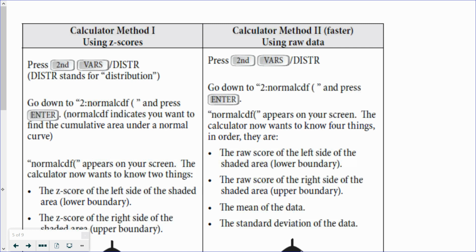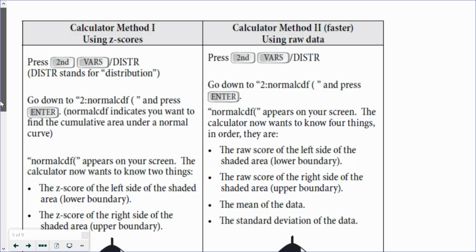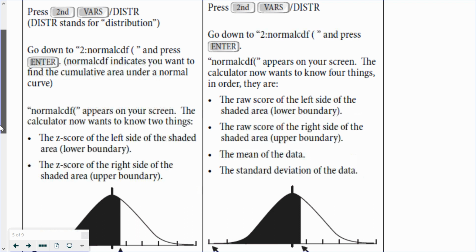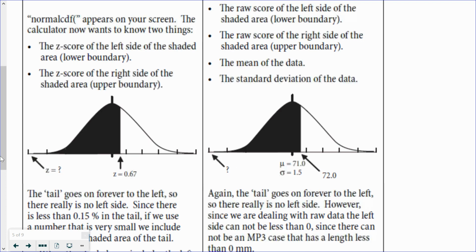And so the calculator now wants to know two things. It wants to know the z-score of the left side of the shaded area, or your lower boundary, and the z-score of the right shaded area. So it wants to know the z-score of this part and the z-score of this part.